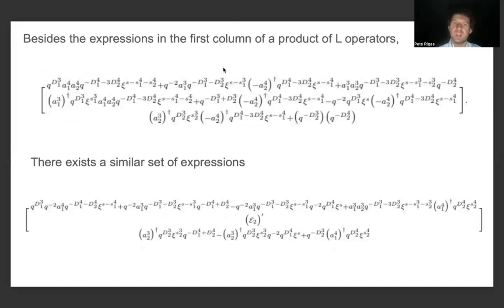But besides expressions in the first column from a product of L operators that we had given on the previous slide, which has several different types of contributions, there exists a similar set of expressions that can even be more complicated.